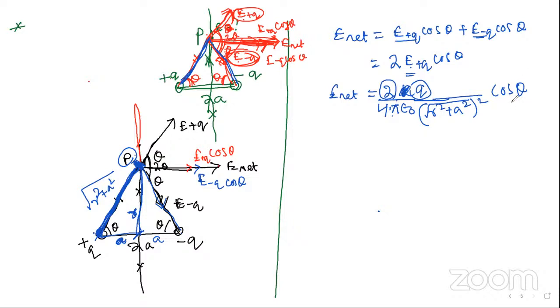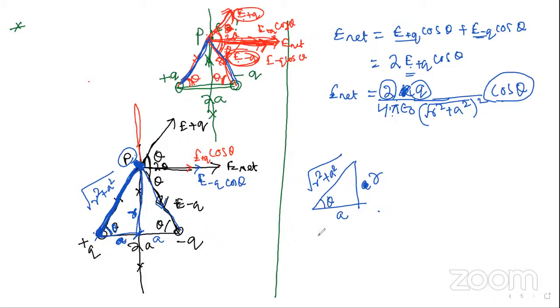Now here we'll also replace cos theta. Look at the diagram and tell me what will be the cos theta. This is our triangle. This one is A, this one is R, this is A, and this one is root over R square plus A square. This is your theta, right?